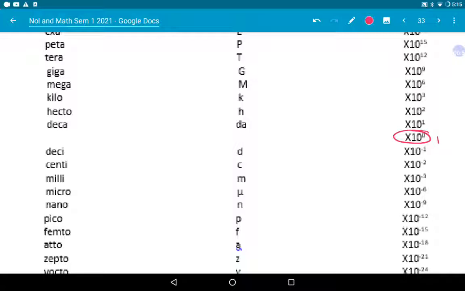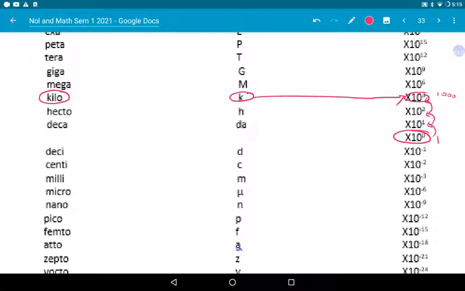So for example, we could go to 10 to the 1, 10 to the 2, 10 to the 3, right? That's times 1,000. And we know that 1,000 is kilo. So kilo represents 1,000. Just like hecto represents 1 times 100.